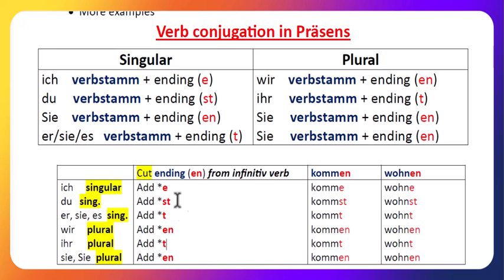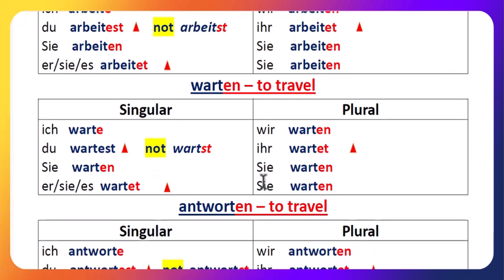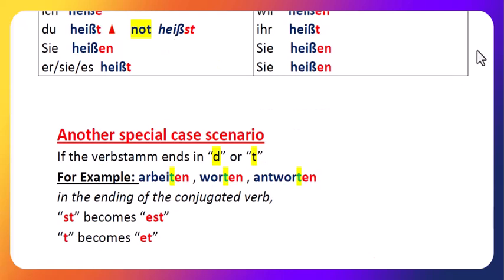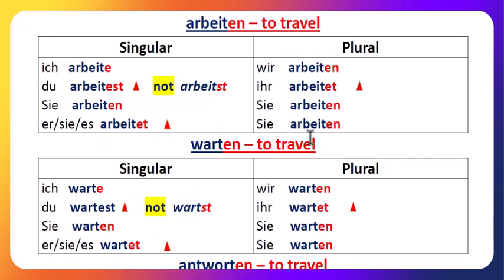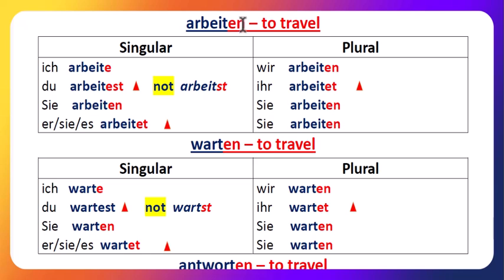But the first one, we see another example, antworten, to travel. Oh, I'm sorry, my mistake. This one just says to work.